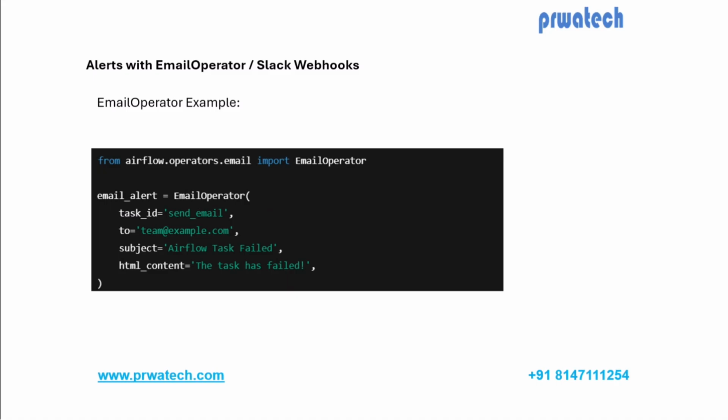Next we have alerts with email operator or Slack webhooks. As you can see, we have an example for email operator. You can see that the library is imported.